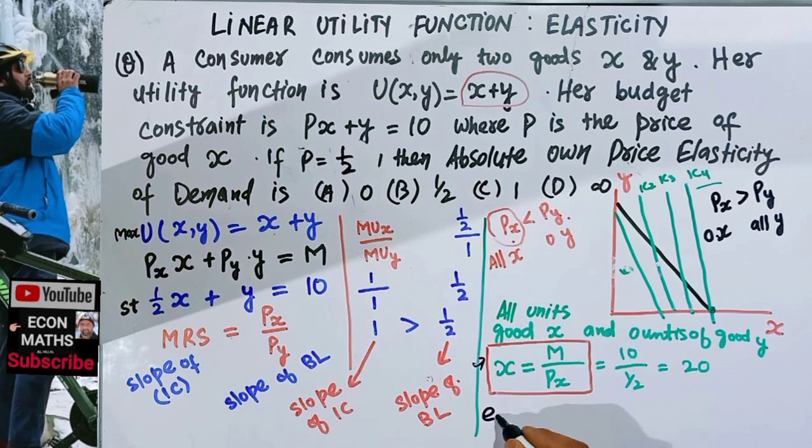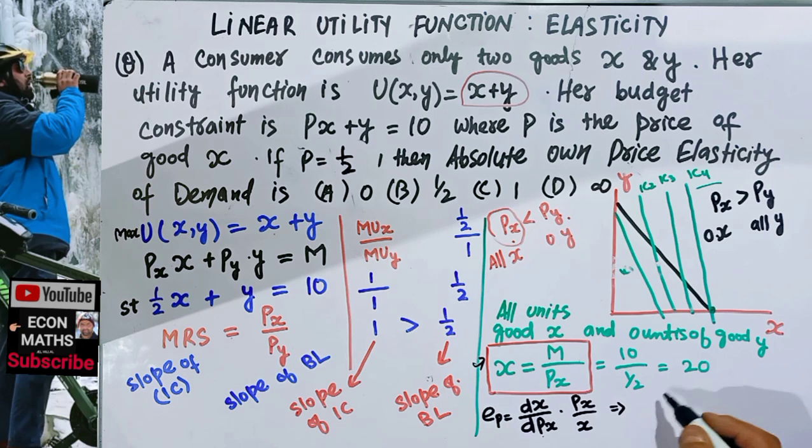Simply, elasticity of demand is given by change in X upon change in price of good X, times price of X upon units of X. Now dx upon dp means taking the derivative of this function with respect to price of X, which implies if I take the derivative it will become minus m upon px square, times px divided by x.